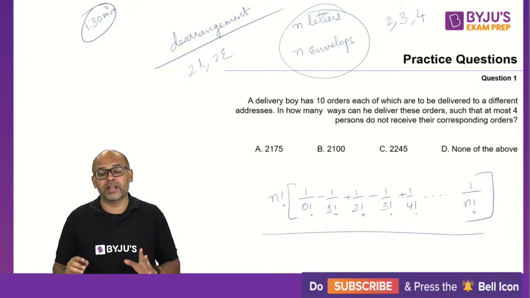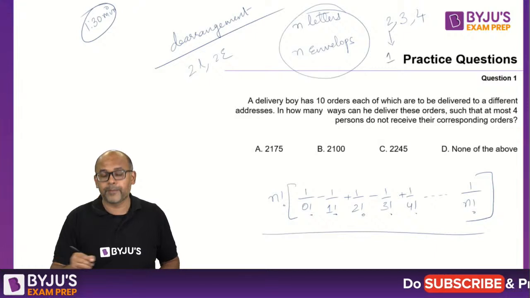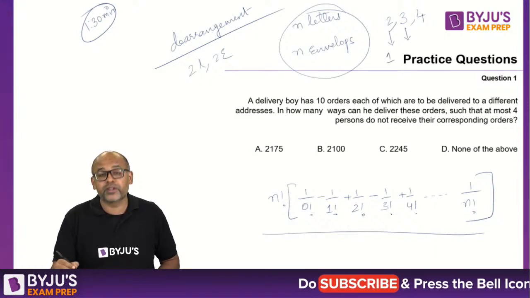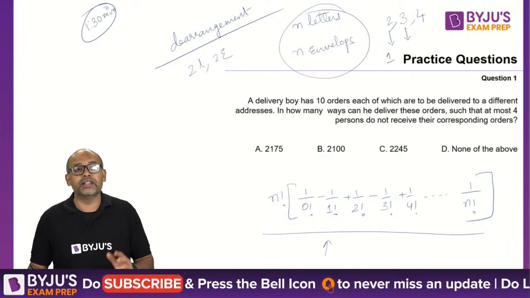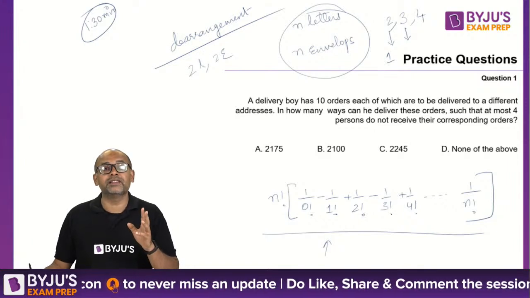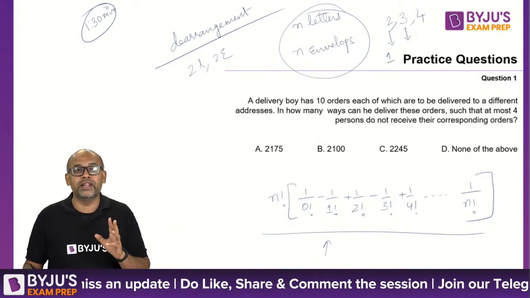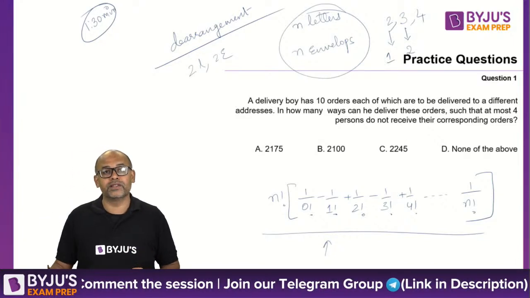So 2 of them going wrongly is in one way. Next, if I have 3 envelopes and 3 letters, you can put n equal to 3 in the formula and see what happens. You will notice that they can all go wrongly in 2 ways.